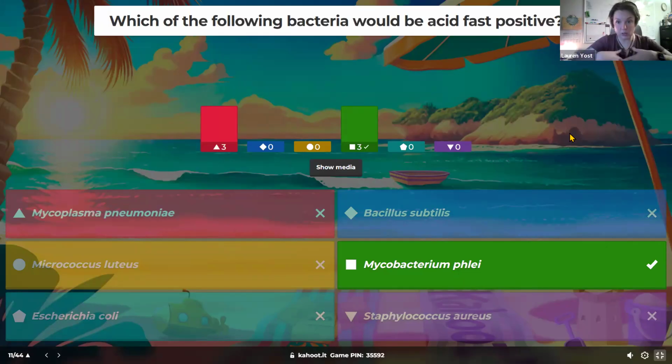No, it's liquid and it goes everywhere, because mycoplasmas are pleomorphic. They're the only ones that I'd ever tell you could be pleomorphic, and they're pleomorphic because they don't have a cell wall at all. So they're technically gram negative because they have two membranes, but they don't have any wall at all.